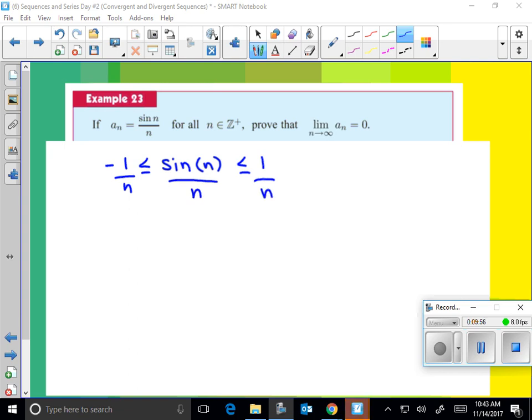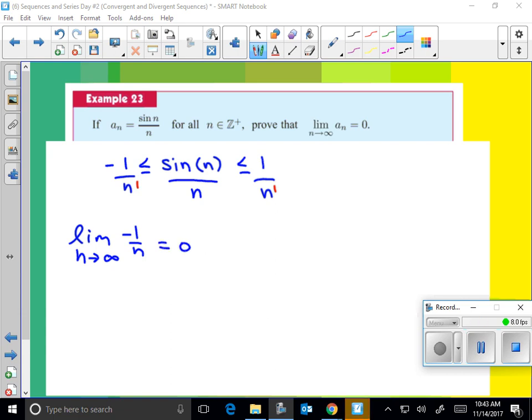Oh, hello, P-series. So that's n in the denominator on both sides. If I took the limit as n goes to infinity of negative 1 over n, does that converge? By P-series to what? 0, correct.